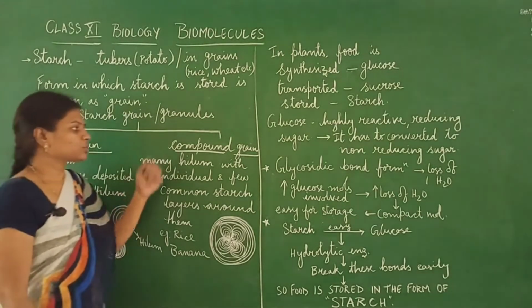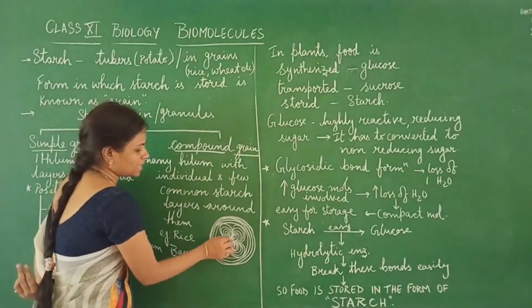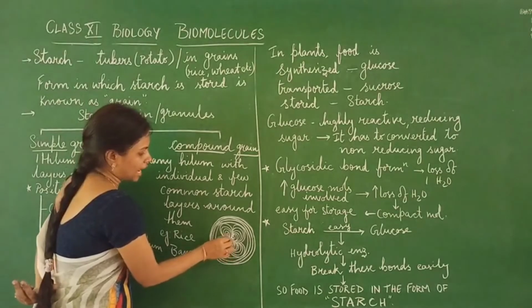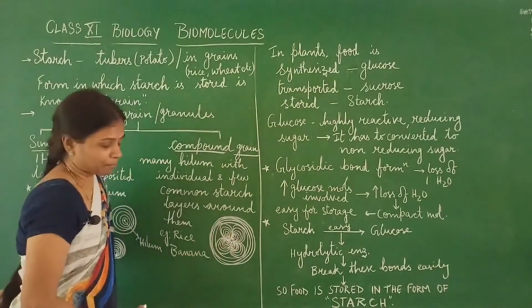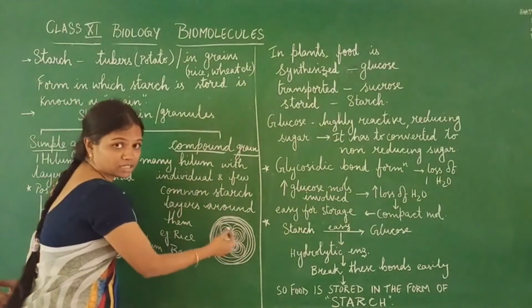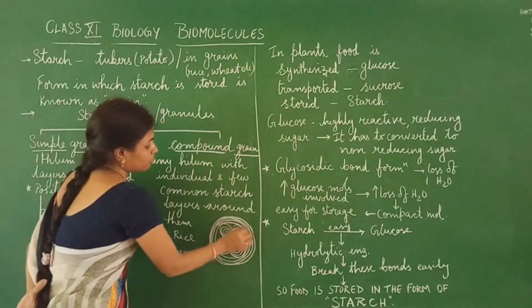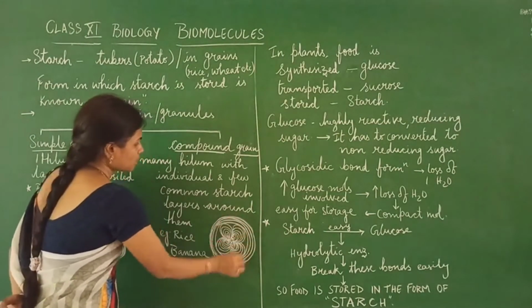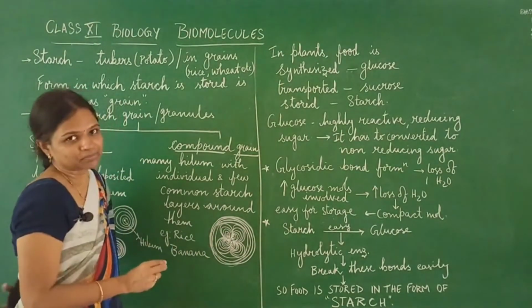Now coming to the compound grain, you can see that there are many hilum over here and the deposition of the starch is also around them. Other than the individual layers of starch deposited around them, there are also many other common starch layers around these hilum.